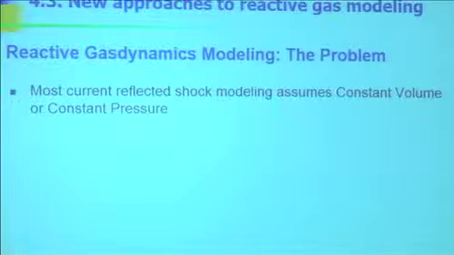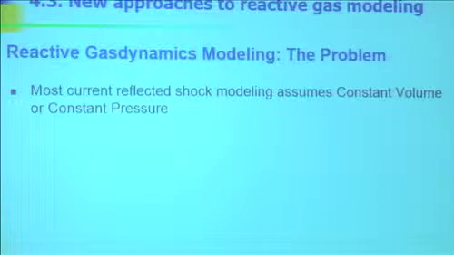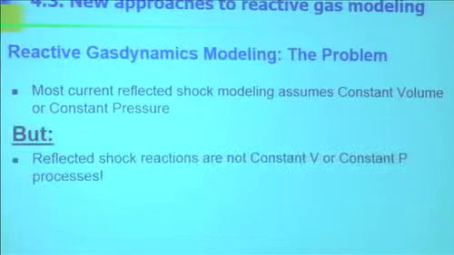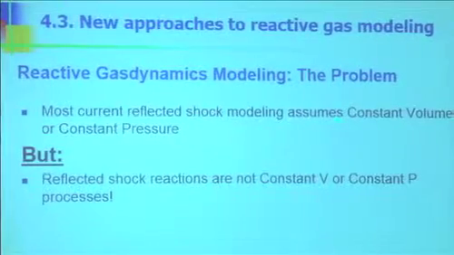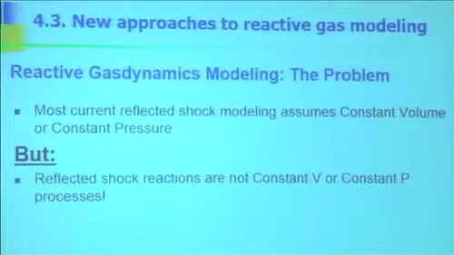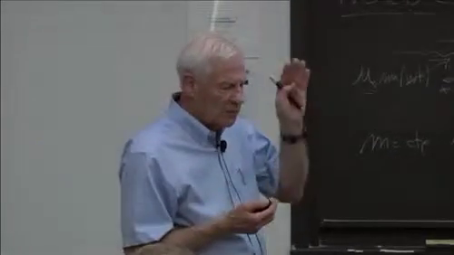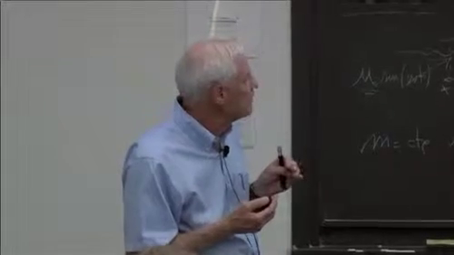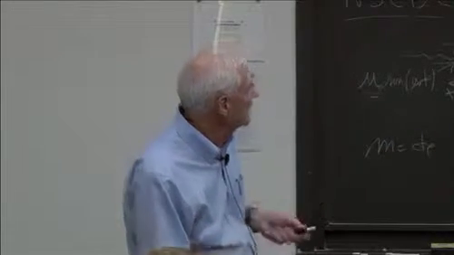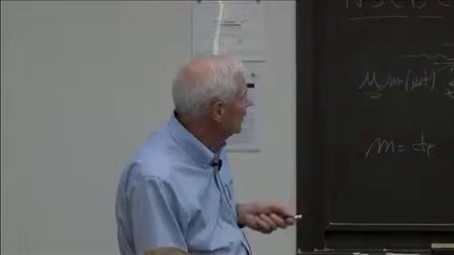We call that code ChemShock. Now here's another problem. This is the problem we're working on right now. Most reflective shock modeling assumes constant volume and constant pressure, and you can get away with that if it's highly dilute and you've removed the dp/dt problem, or, as you'll see, you can get rid of this problem under certain limits.